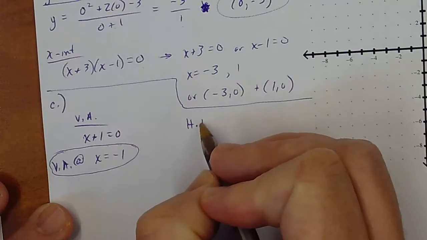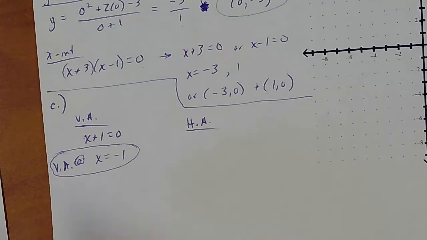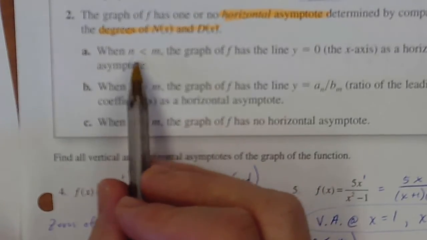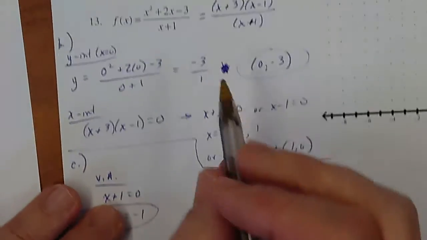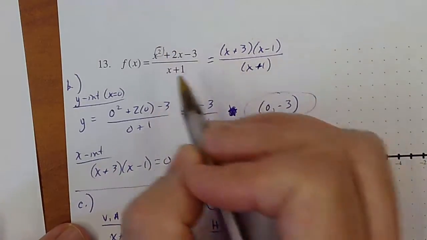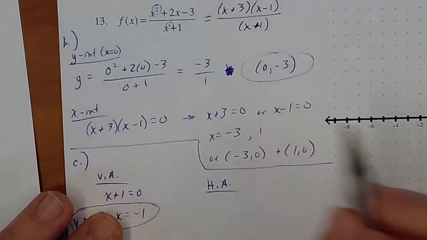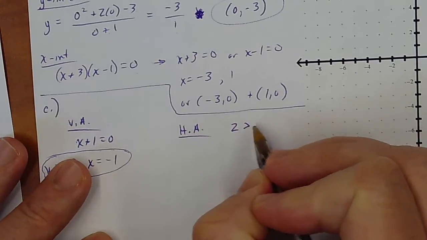Okay, so for horizontal asymptotes, we got to analyze the degree of the top and bottom. That's what all of these 3 steps go over: degree of the n compared to m. The degree of the numerator is 2. The degree of the bottom is 1. So right now, n is greater than m. 2 obviously is greater than 1.